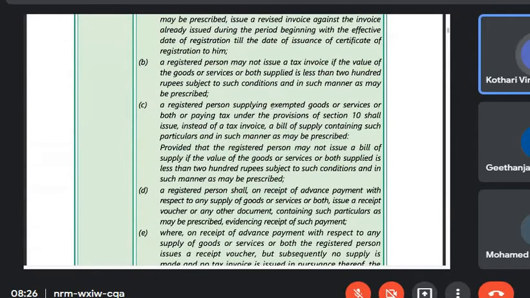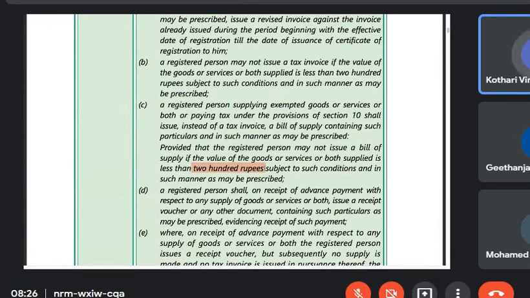A person supplying exempted goods or services or both, or paying tax under section 10, that is composition levy, shall issue, instead of a tax invoice, a bill of supply containing such details and particulars as may be prescribed, provided that the registered person may not issue a bill of supply if the value of goods or services supplied is less than 200 rupees.